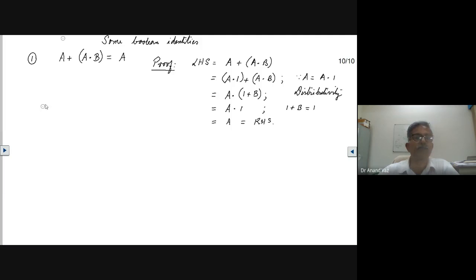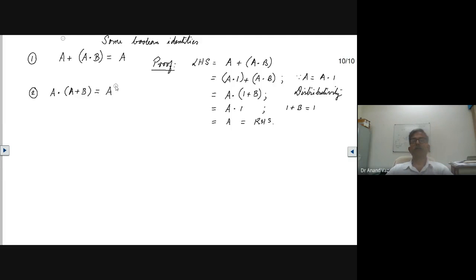So let's take the second one. Let's take another identity, that is A and (A or B), A and (A or B). Okay. So this is equal to A.